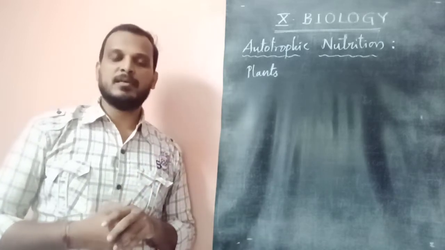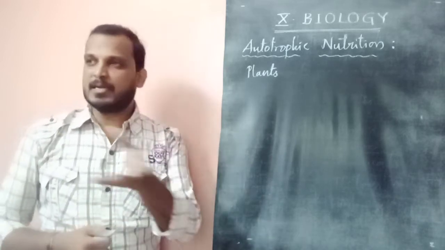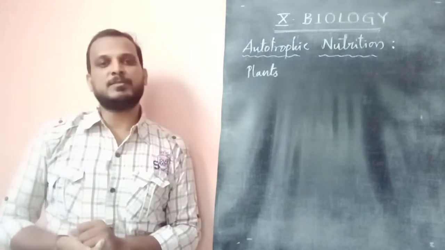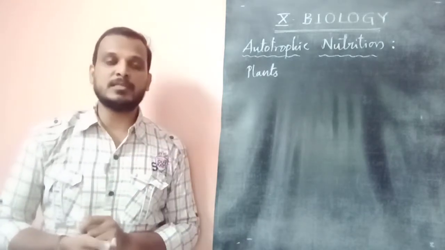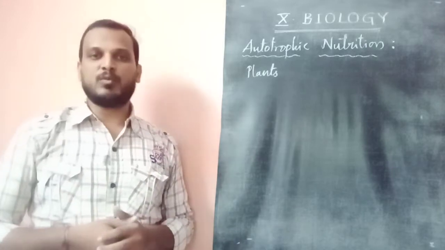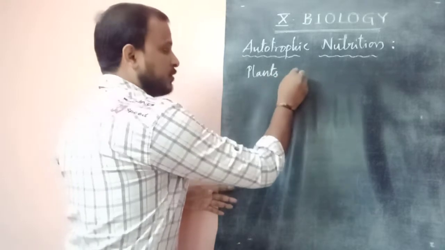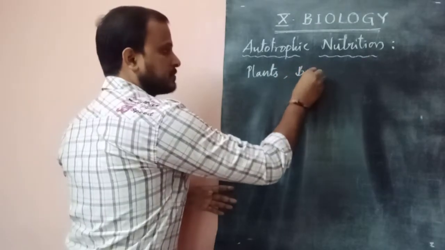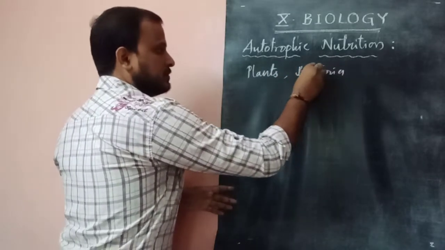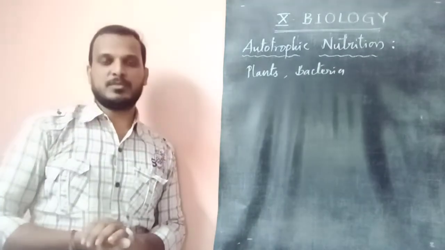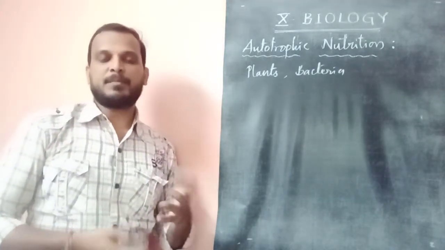Yes, it is real. Not only the plants which are green and visible to us, there are so many microorganisms which can synthesize their own food by following this autotrophic nutrition. There are so many photosynthetic bacteria. They can prepare their own food.